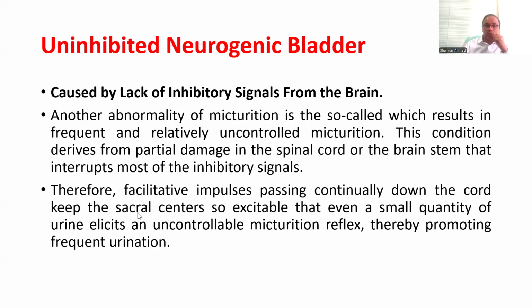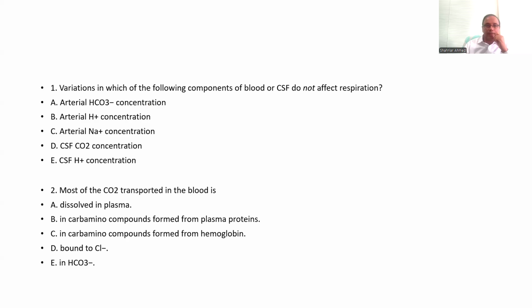If a small amount of urine is collected, it elicits the micturition reflex and thereby frequent urination will happen. So it is called uninhibited neurogenic bladder.